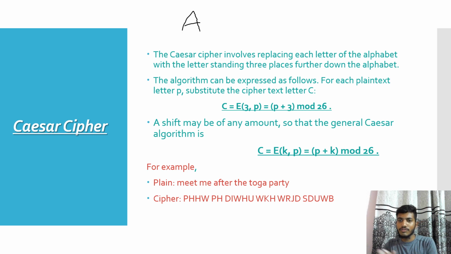Three places further down the alphabet: B, C, D. This is the ciphertext for A. So D is the ciphertext for A.